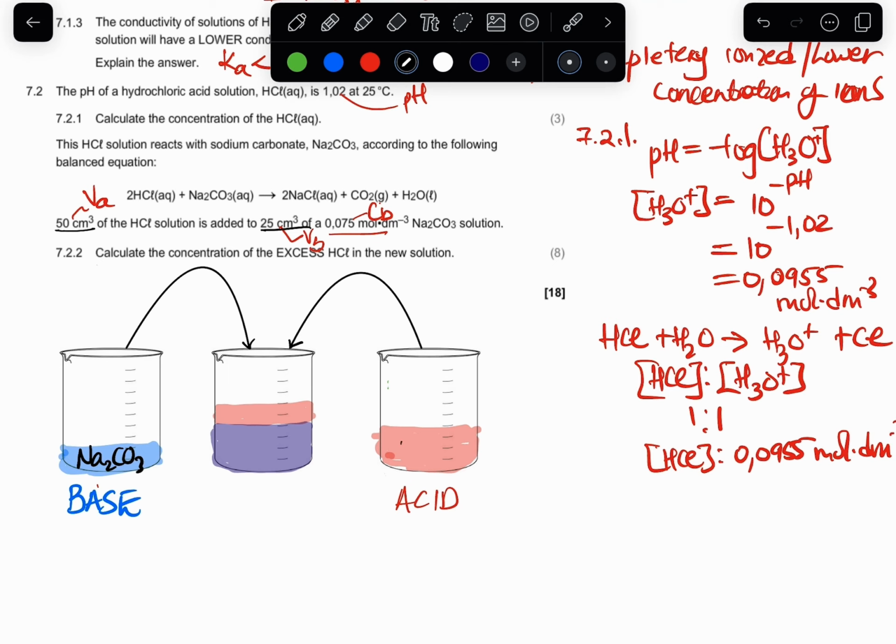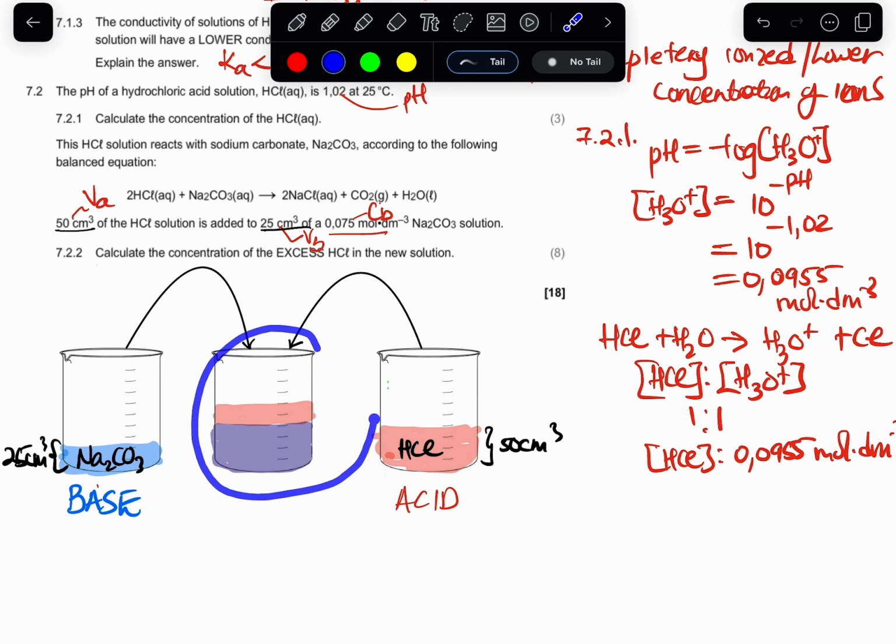This is the HCl, with a volume of 50 cubic centimeter, and the volume of this is 25 cubic centimeter. We are adding these two into one beaker. When we add them, a certain portion from here will neutralize a certain portion here.